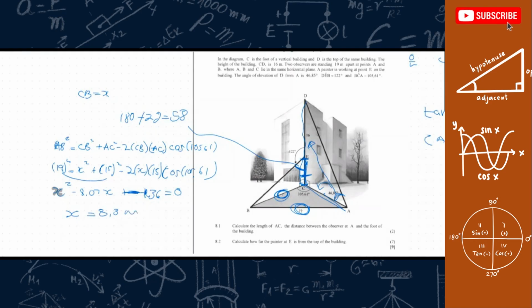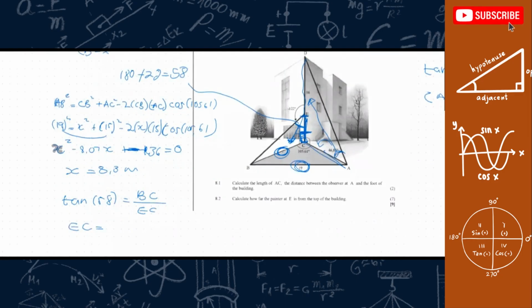Now that we have it, it's easy for us to solve for EC because this is a right angle triangle, so this is our opposite over the adjacent. From this, we are able to calculate EC, which gives us a value of 5.1.